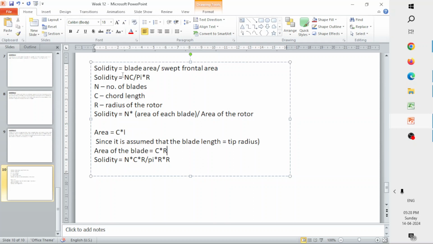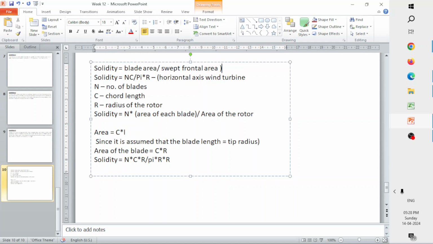And this also varies depending upon the type of windmill that you actually use. So this formula is only for the horizontal axis wind turbine. Suppose you want a vertical axis wind turbine, then the formula will be different. So I'll just write, this is for horizontal axis wind turbine.